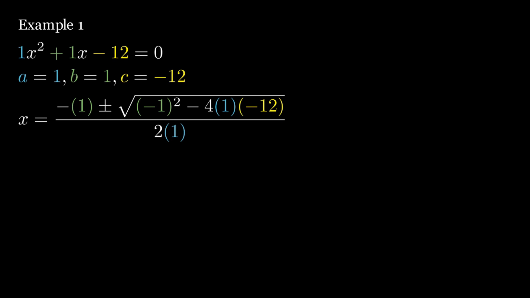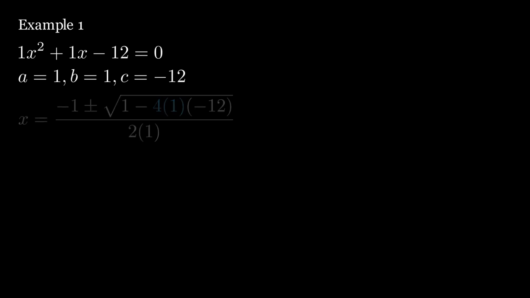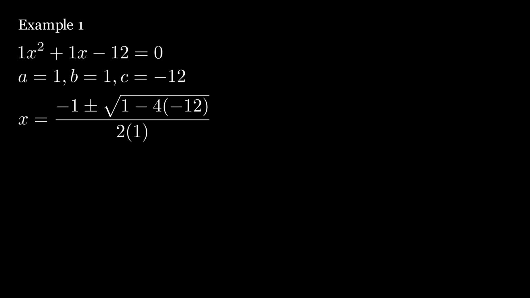So we're going to deal with the negative B. Negative times 1 is negative 1, and then inside the square root, the negative 1 squared is positive 1, and then 4 times 1 is equal to 4, minus 4 times minus 12. Now here we just deal with the numbers first.